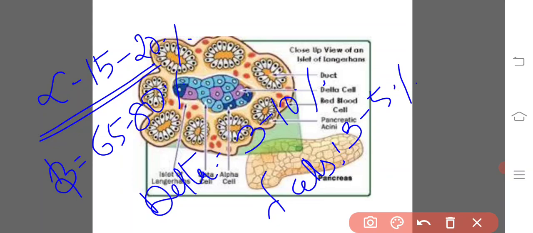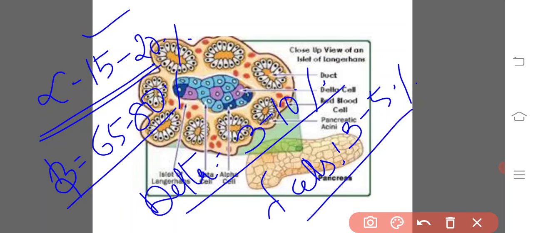So alpha cells 15 to 20%, beta cells 65 to 80%, delta cells 3 to 10%, and the F cells about 3 to 5% contribute to the islets of Langerhans.